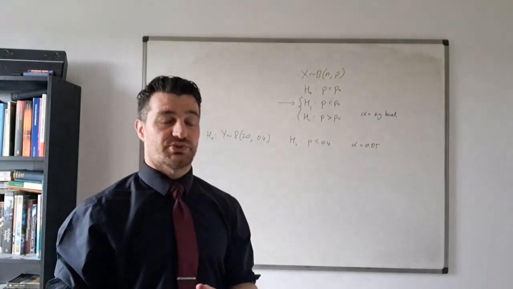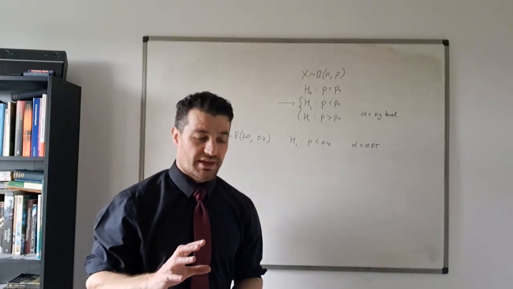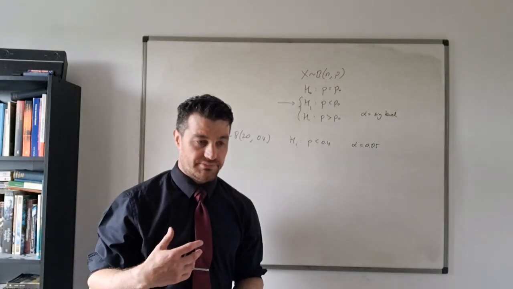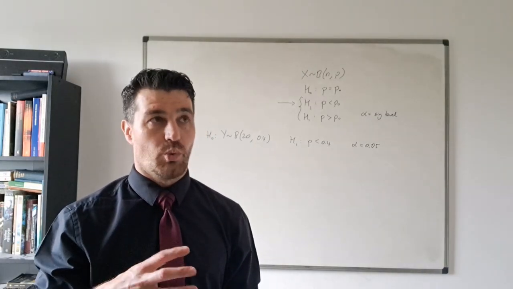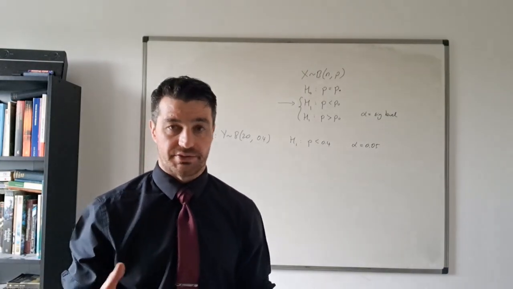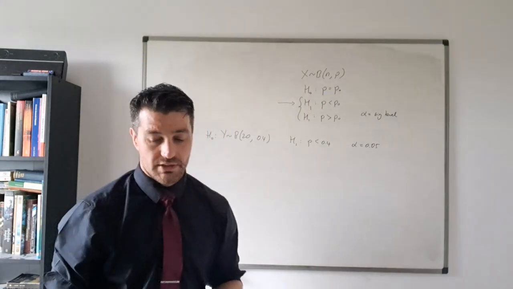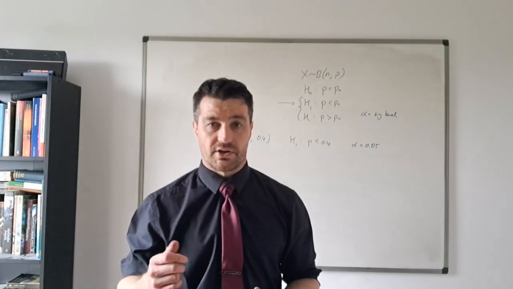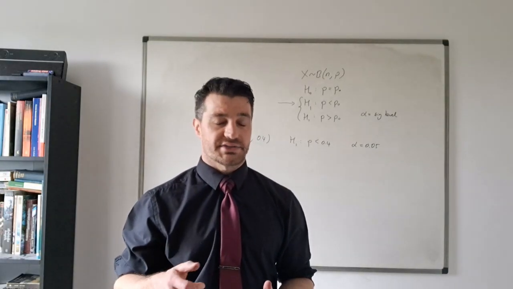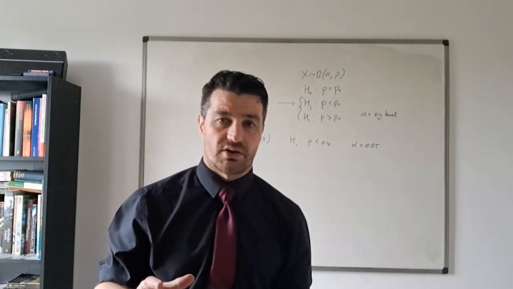Well, I'm going to illustrate first with a much more subjective example of what is meant by a critical value, and then we'll take a look at this. So let's say that I'm playing a game where I flip a coin, and initially I assume that the coin is a fair coin.